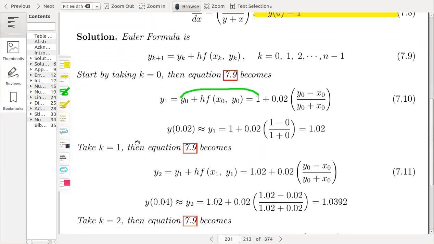Next, we increase the value of k to k equal to 1, and this formula takes the form y2 equal to y1 plus h f of x1, y1, equal to 1.02, because now we replace y1, whose value is 1.02. h is the same.